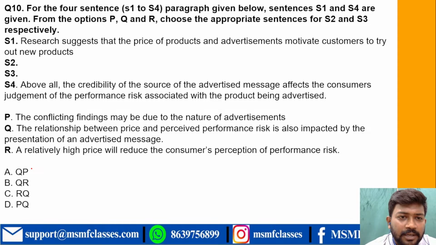I think a relatively high price will reduce the consumer's perception of performance risk. Above all, by speaking about all these things, I go with option QR. P does not make any sense, which is relevant to S1 and S4. So go with option QR. Option B is the correct answer.